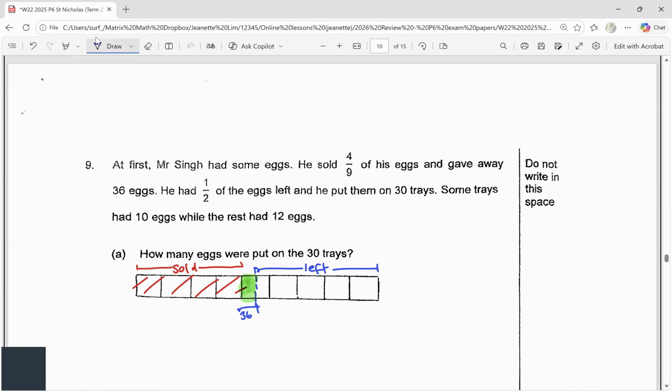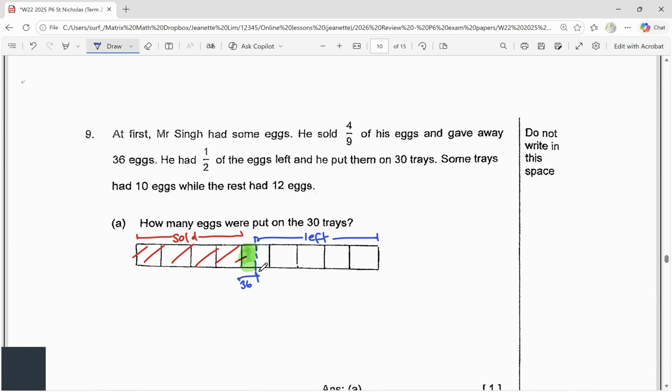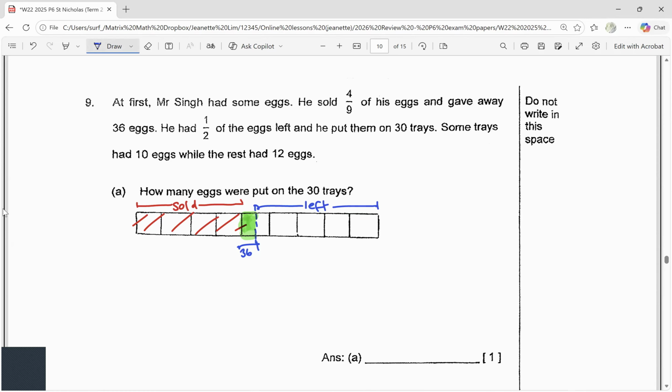Okay, so how many eggs were put on the 30 trays? That's the amount of eggs left, which is this part here. So 36 is actually half of 1 unit. Maybe you can say like 0.5. So 1 unit, you take 36 times 2, because 36 is half a unit.